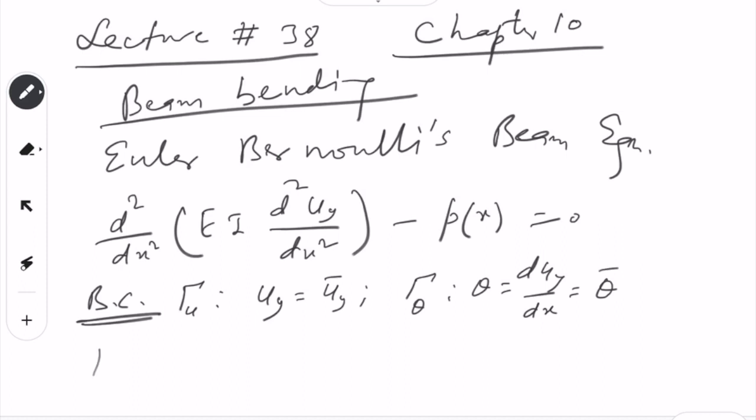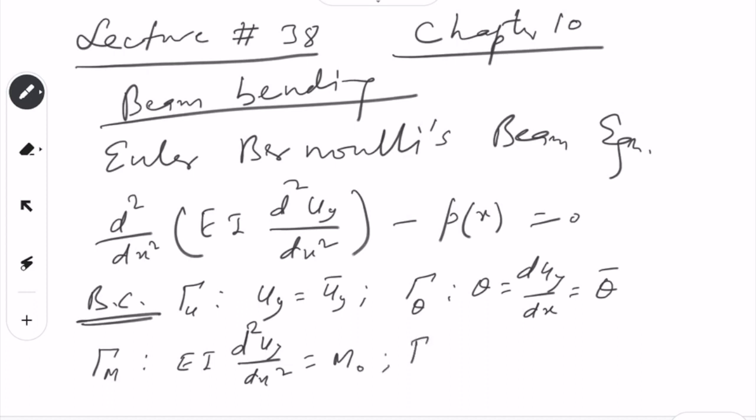Then there is some boundary where M is given, where M means EI d square uy over dx square, equal to M naught, which is given.